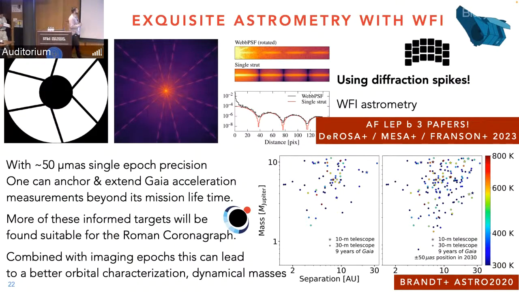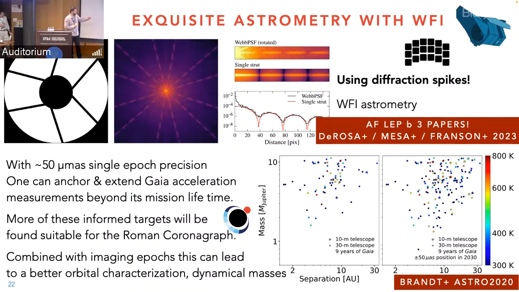So if you take a single epoch on a bright star with the wide field instrument and do exquisite astrometry using all the diffraction spikes, then you may reach maybe a single epoch precision of something like 50 microarcseconds. And that would be very useful to anchor and extend the Gaia acceleration measurements beyond the mission lifetime of Gaia. Also get more of those informed targets.